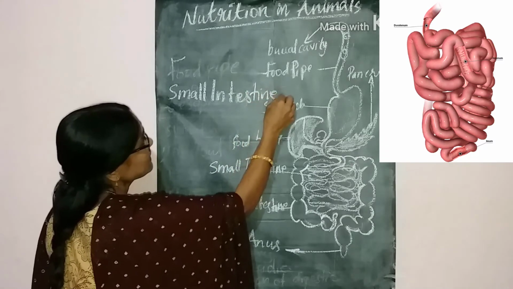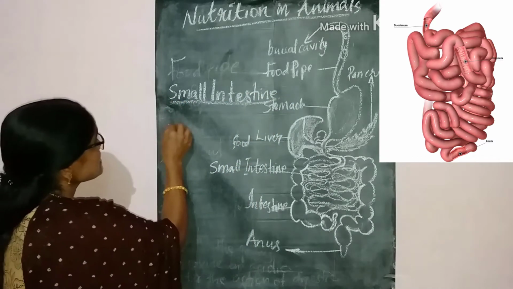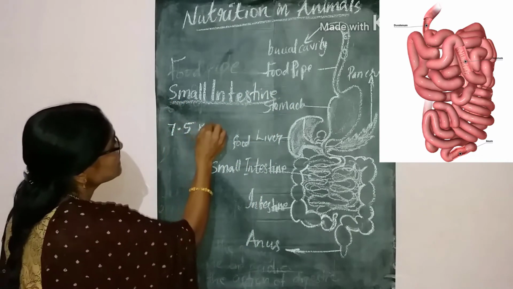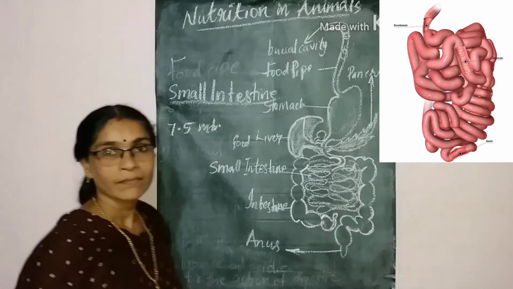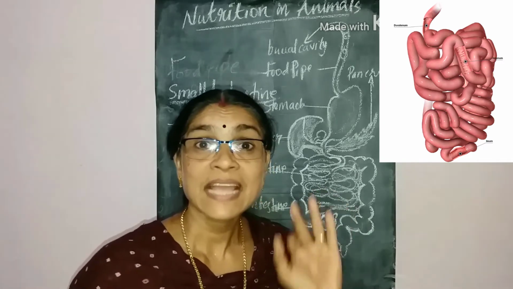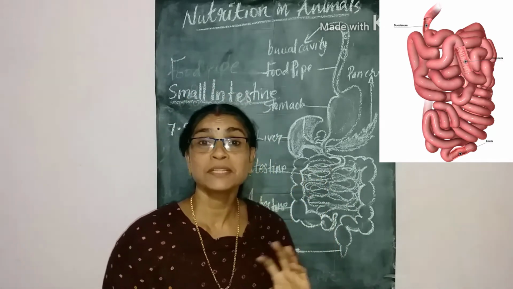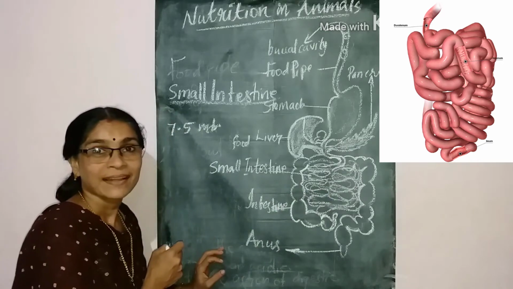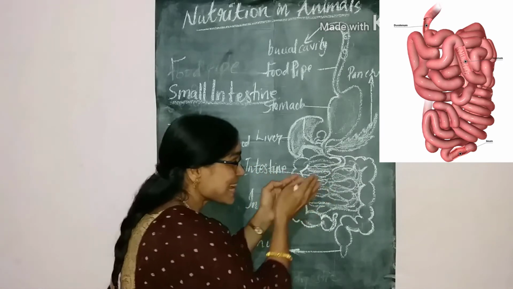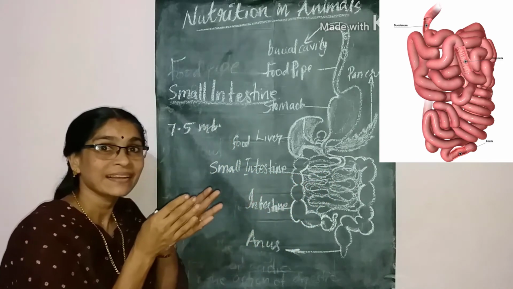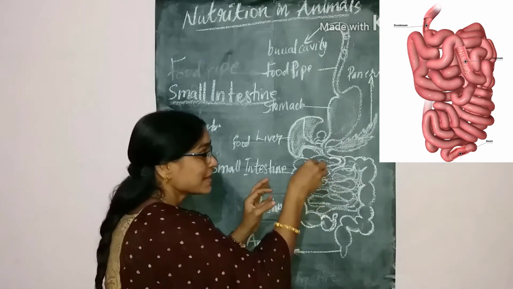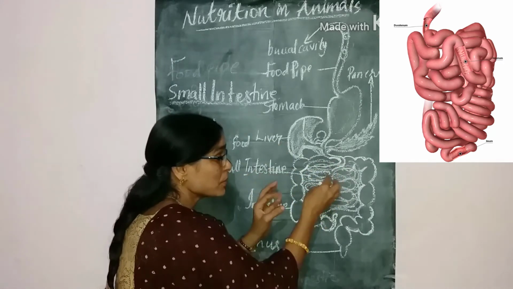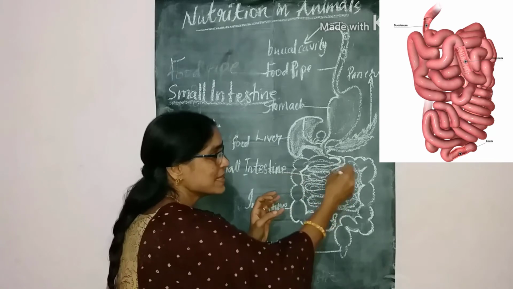This small intestine is about 7.5 meters long. Have you had any wonder? 7.5 meters length for the small intestine. It is arranged as a coil. That is why we can keep that whole 7.5 meter long tube inside our abdomen.